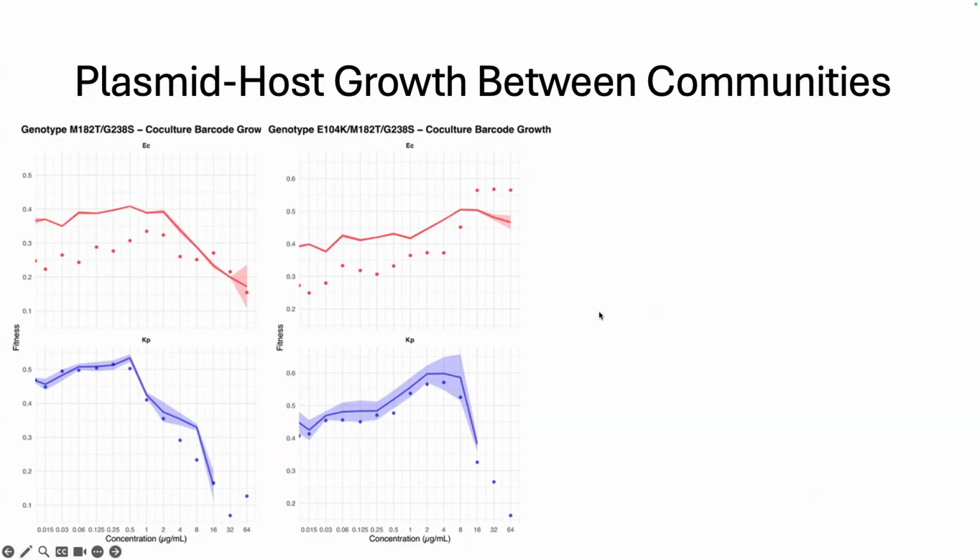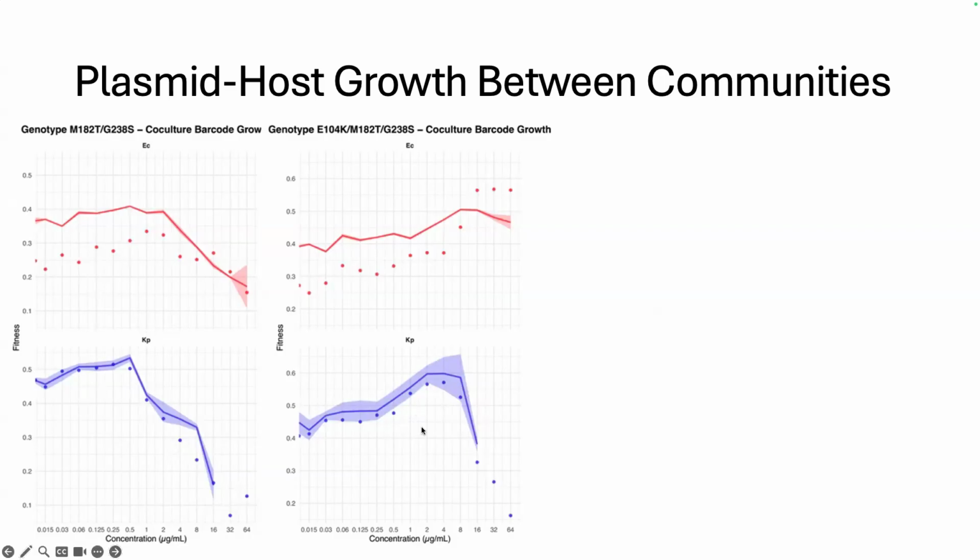And the line with shading represents the mean fitness and 95% confidence interval of the corresponding genotype in the E. coli or Klebsiella monoculture. So this line with the shading is how this same genotype is growing in that same species, but now in monoculture. And we're doing this to compare, how well do plasmid host combinations grow between communities?